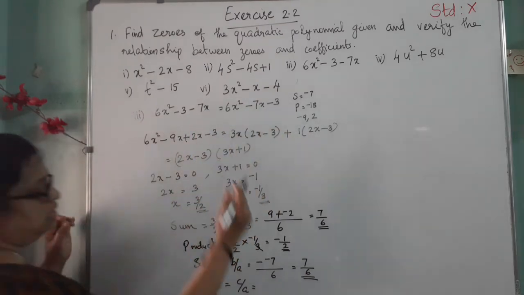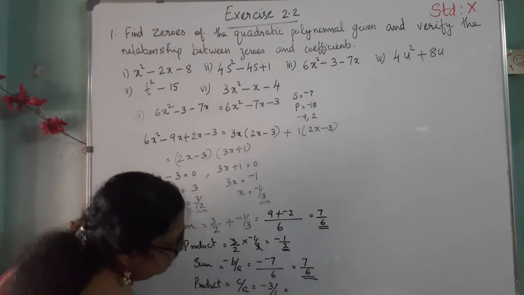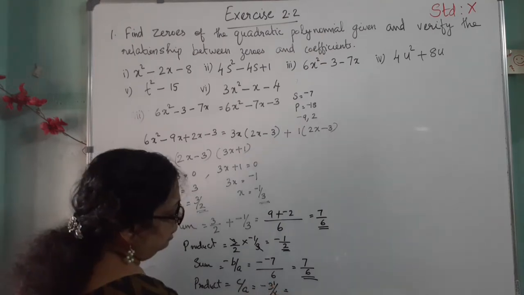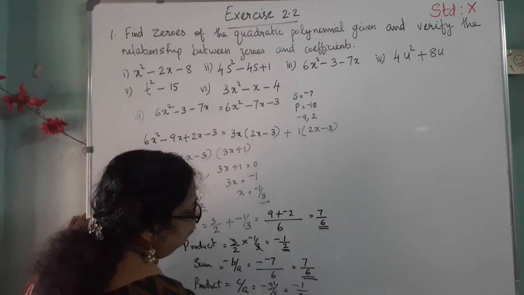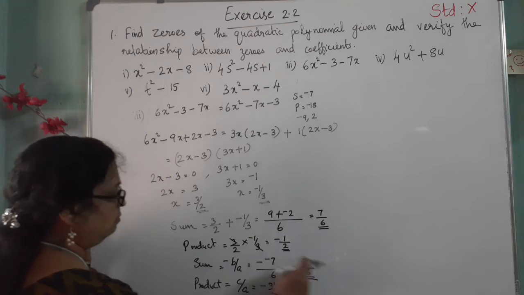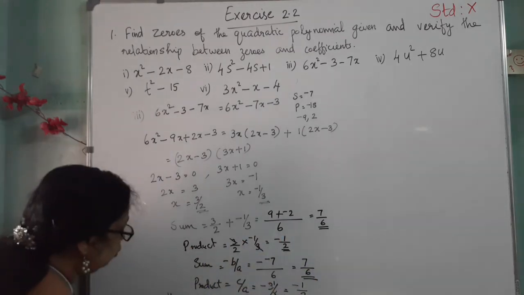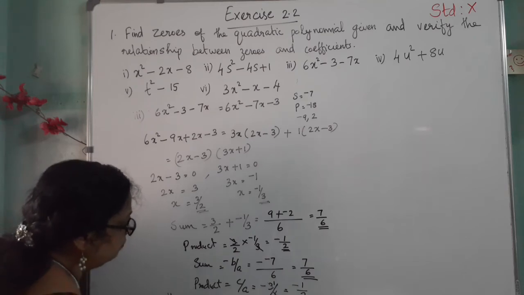Here constant term is minus 3 divided by 6. Then cutting, here 1, here 2, that is minus 1 by 2. Then here sum 7 by 6, here also 7 by 6. Product minus 1 by 2, here also minus 1 by 2. So hence verified.